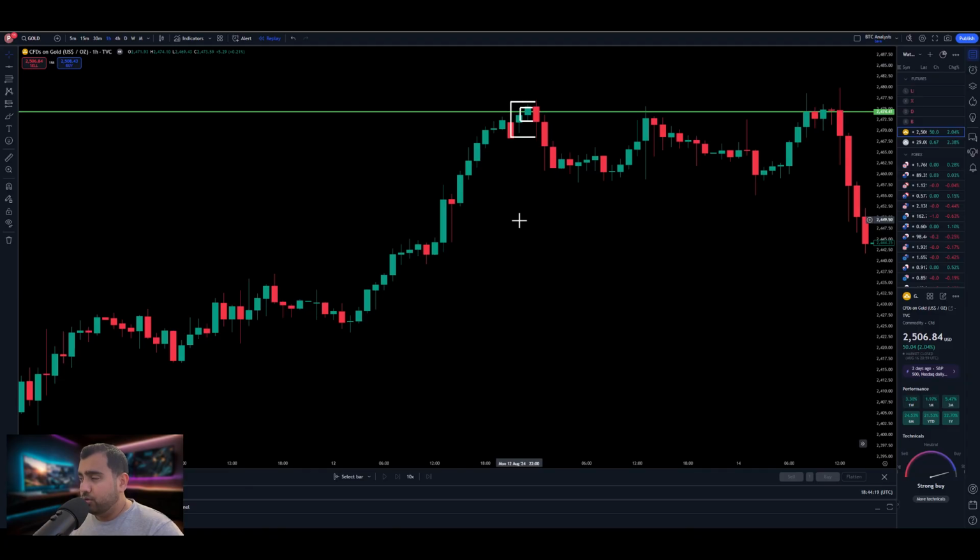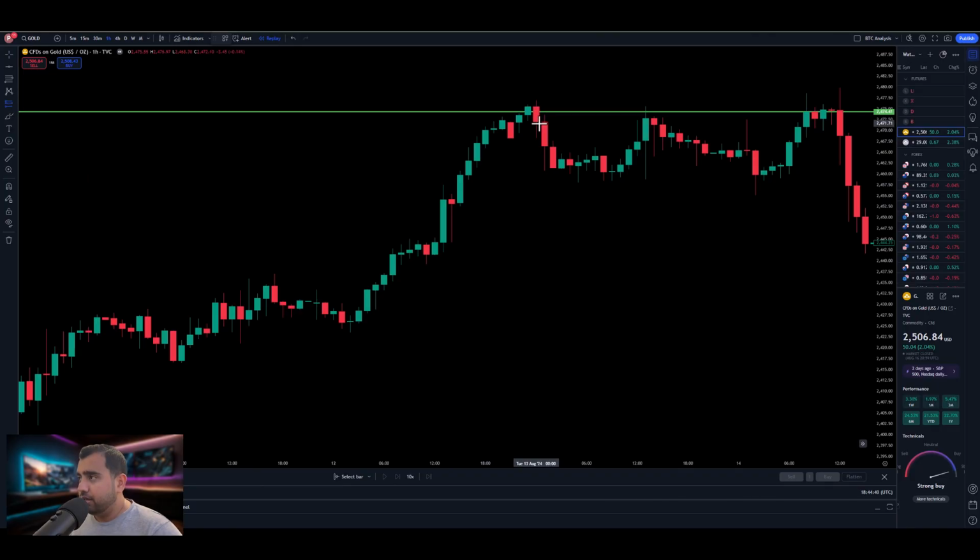The second rule is that the wick of the red candle also covers the whole green candle. So this means that both of our rules are valid here. Since the rules are validated, our engulfing pattern is validated, and because the engulfing pattern is around the key levels, we will go for a short position.